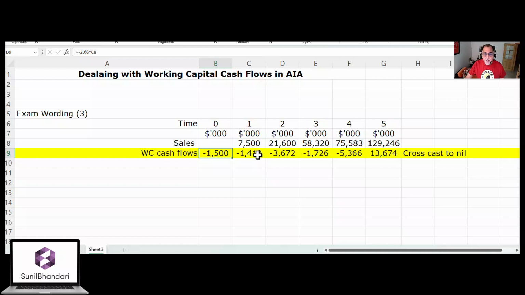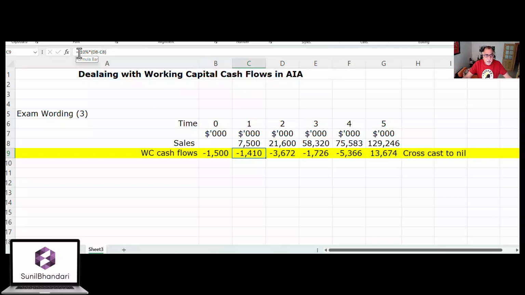Then, for the next period, it's a simple equation. It's minus 10%, because for any $1 increase in sales, we've got to increase the investment. We've got to put more in. Incremental investment has to be 10% of the difference in sales.